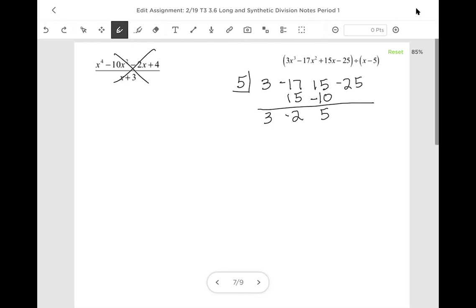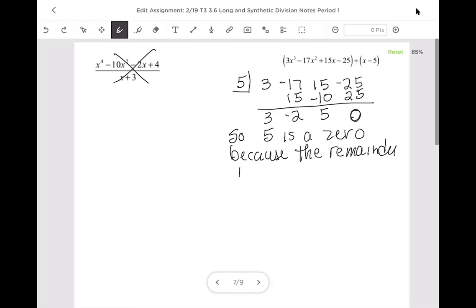You put it under the -25, and now we get a remainder of 0, which means that 5 is a 0. So 5 is a 0 because the remainder is 0. Okay. And so my answer to the division problem is 3x squared minus 2x plus 5. And there's no remainder.